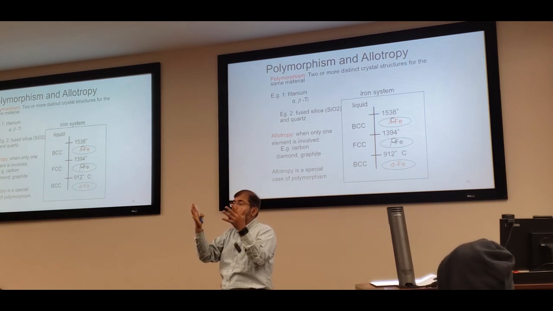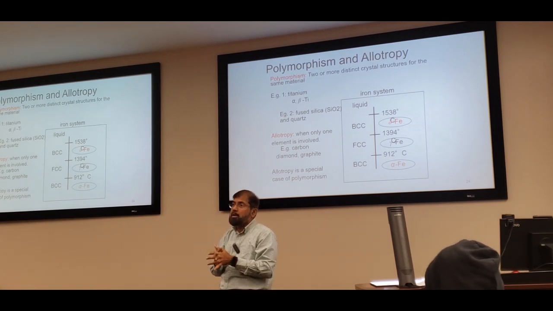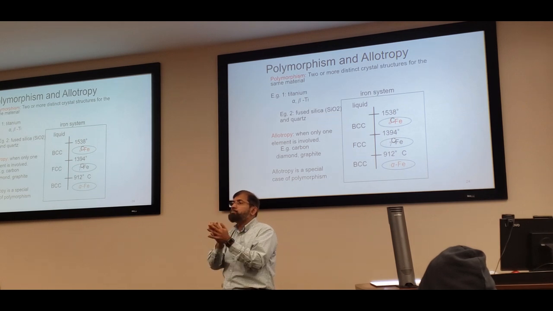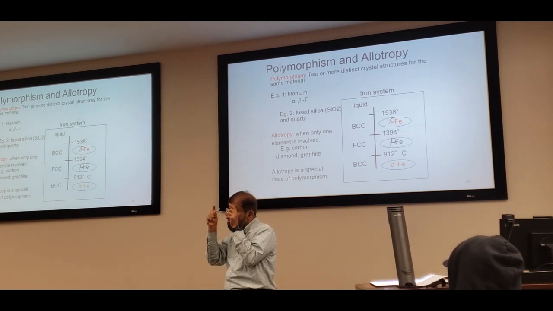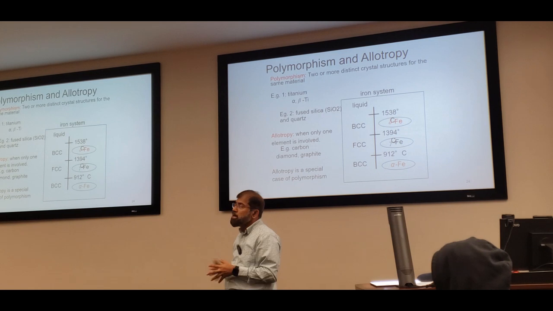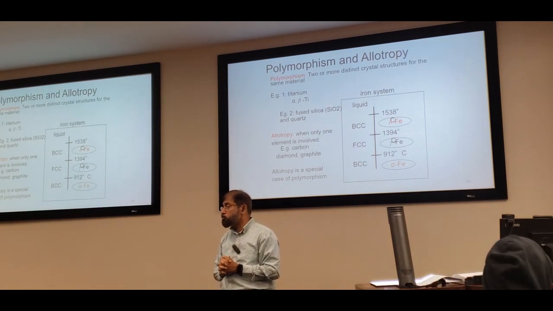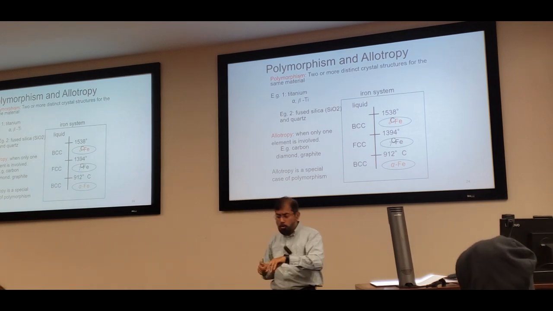But if it is just one given element, like iron, which has alpha, beta, and gamma forms, you will see it later, that property is called allotropy. Okay, let's stop here. Thank you.